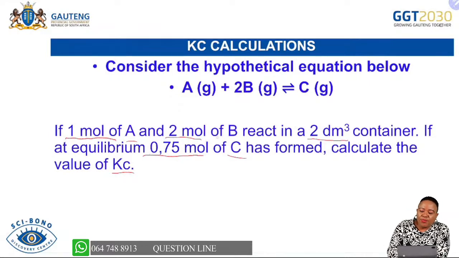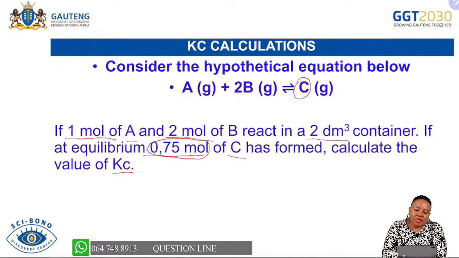And already you know the concentration of C at equilibrium, which is our product. So it will assist us to use a mole ratio to calculate Kc, in order for us to find the concentration at equilibrium.